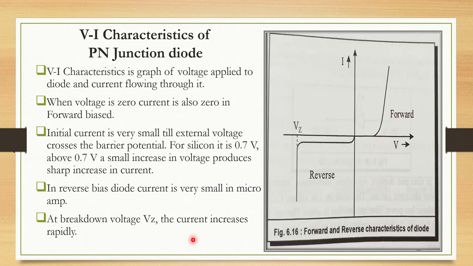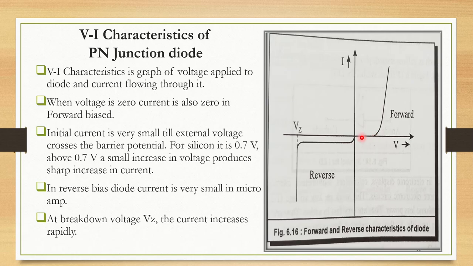Graphically, we will see the characteristics of the PN junction diode. If you draw a curve like this, with x axis and y axis, on x we have kept voltage and on y current. We have seen in forward bias PN junction, when we supply a voltage difference, there is no current initially.